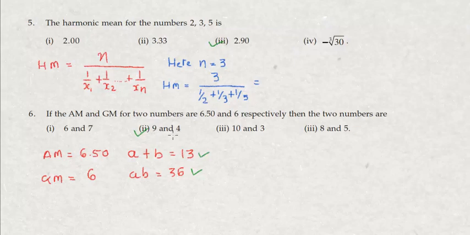Let us check the other answers. 6 and 7: yes, the total is 13 here, but the multiplication is not 36. In this case also the total is 13, 10 plus 3, but the multiplication is not 36. And in this case also the total is 13, but the multiplication is not 36. So we can very easily say, by fulfilling these two conditions, option 2, that is 9 and 4, is our answer.